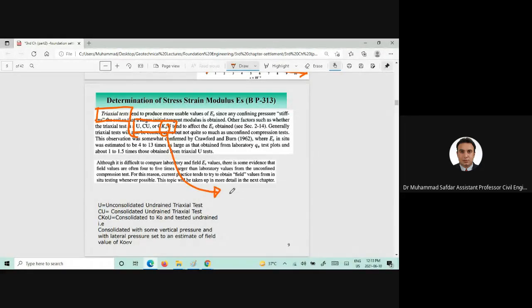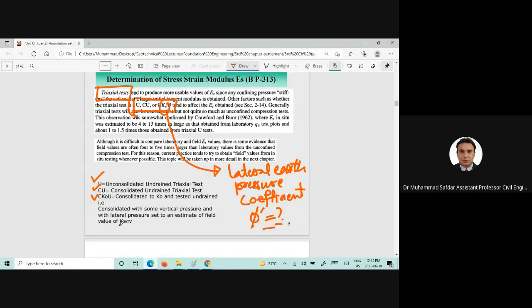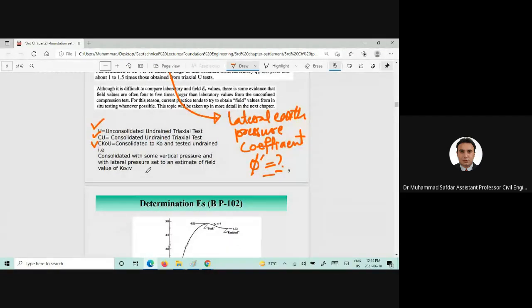That is the lateral earth pressure coefficient, which we can find from the friction angle. We already know that sigma H is equal to K0 times sigma V, and that K0 is dependent upon the phi prime.